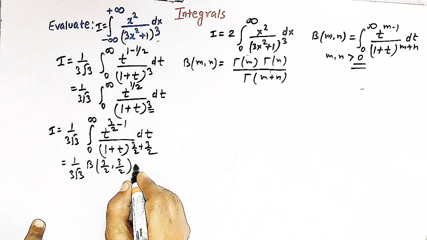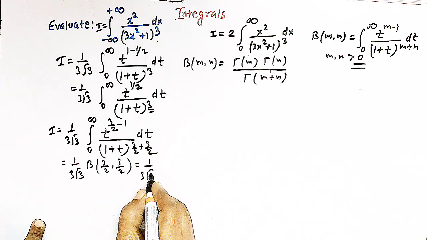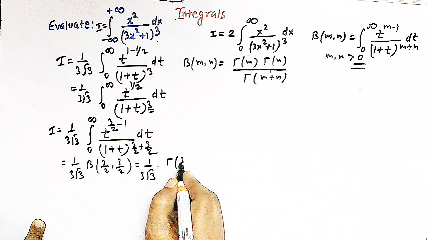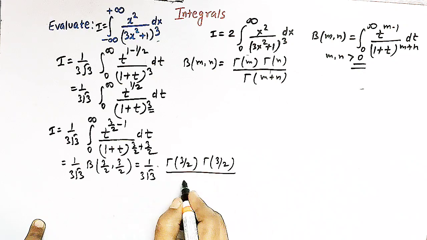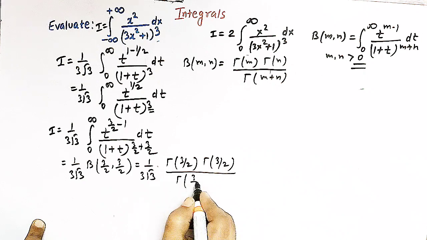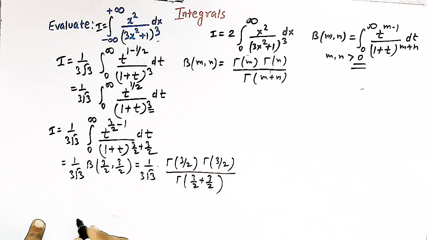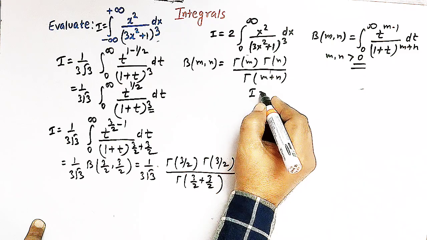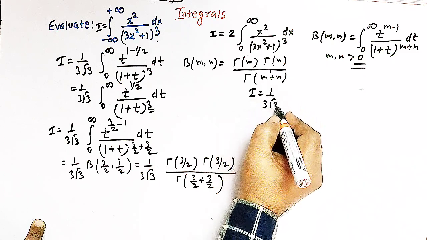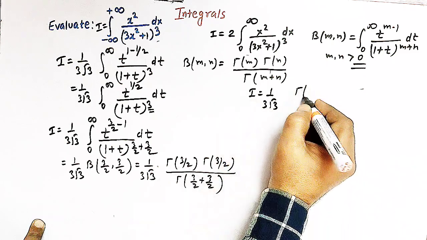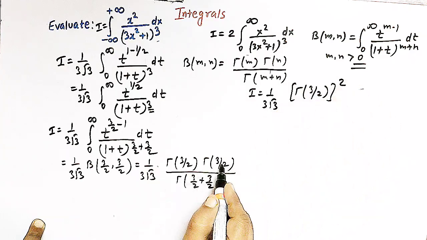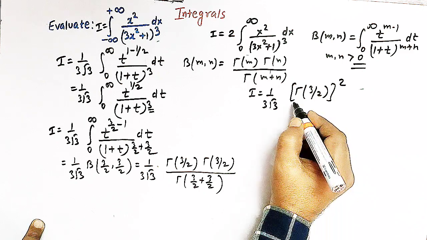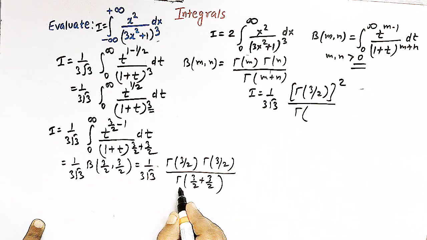So here we can now write 1 over 3 root 3, and then we have gamma 3 by 2, gamma 3 by 2, and in the denominator we have gamma 3 by 2 plus 3 by 2, right? So now I is equal to 1 over 3 root 3, gamma 3 by 2 square, because both these terms are equal, and in the denominator we have gamma 3.